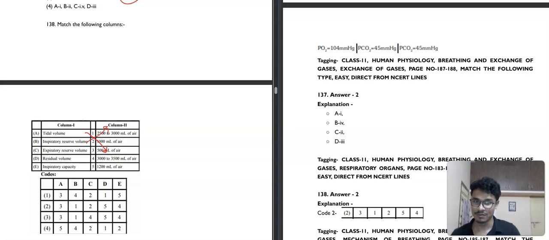Expiratory reserve volume is approximately 1100 ml of air, sorry, it is not 1200, but 1000 is given, so we will best consider this. And residual volume is 1200 ml of air. Inspiratory capacity is 3000 to 3500 ml of air. So correct answer is second option.